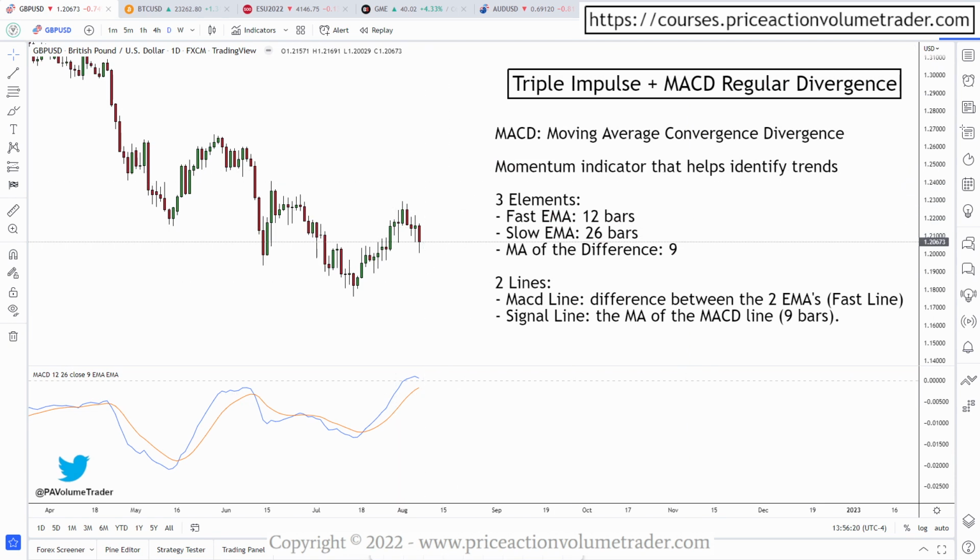Again, just to touch up on all the main points, I don't rely on indicators much in my trading because I think most of them are lagging and not very reliable.